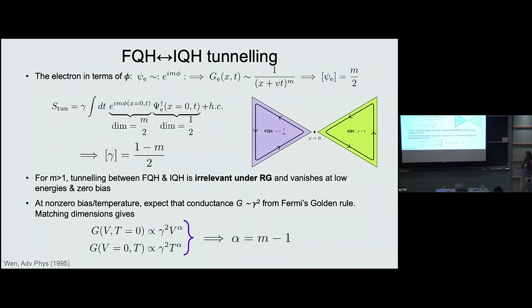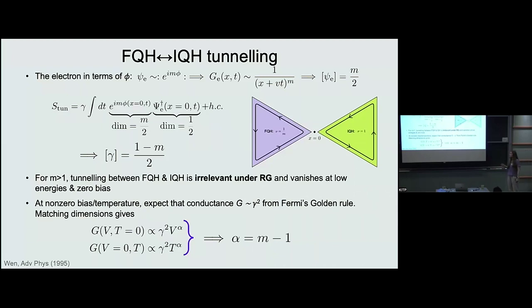So we write the electron on the edge in terms of that phi, that chiral boson, and it's a vertex operator e to the i m phi. If you look at the Green's function that you get, it goes as 1 over x plus vt to the power of m, from which we would conclude that the scaling dimension of the electron operator is m over 2 in this nu equals 1 over m fractional quantum Hall state.